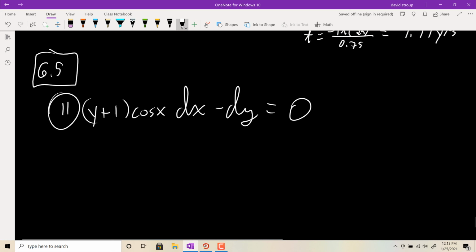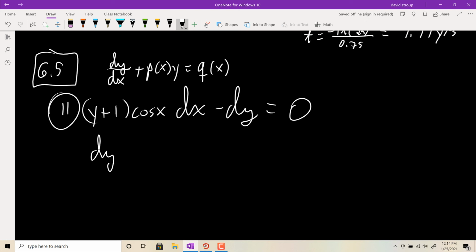They're not going to give them to you on a silver platter. Anyways, the first thing you have to do is get it into your first order linear differential form, which is this thing. So I'm going to get the dy, just push everything to the other side. So you end up with a dy, or add everything to the other side, right?